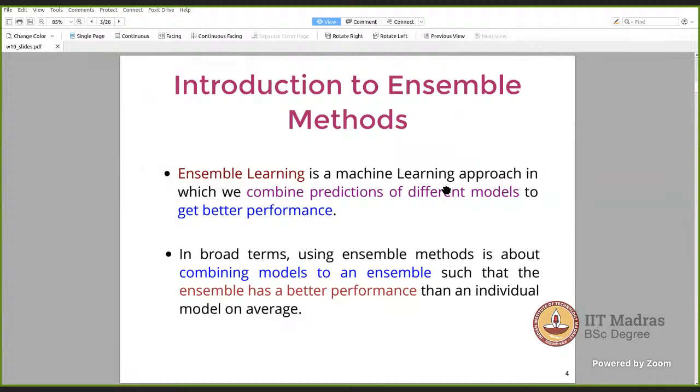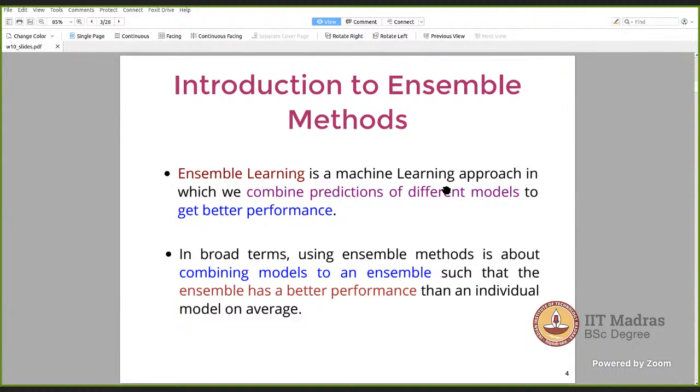So in ensemble methods, what we do is we take multiple estimators. So far, we have taken one single estimator, and we've been trying to make it better by tuning the hyperparameters. That's what we did so far. Now, using ensemble methods, what we do is we take multiple estimators, and those estimators might not be as good.